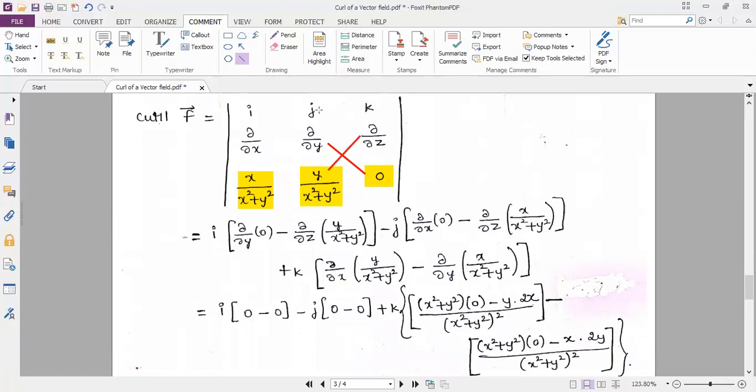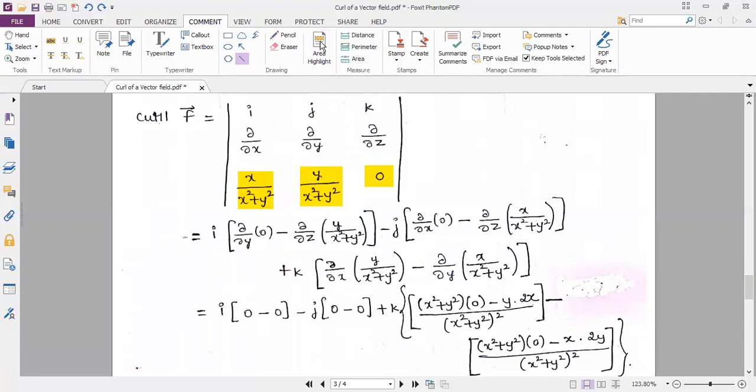For j component, it is minus j cap into dou by dou x of 0 minus dou by dou z of x divided by x square plus y square. Similarly, for k component, it is dou by dou x of y divided by x square plus y square minus dou by dou y of x divided by x square plus y square.